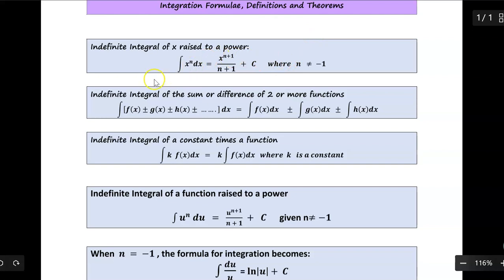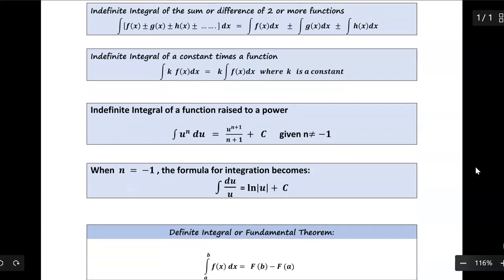When we integrate, this is the very basic rule: when you integrate a sum or difference of two or more functions, you can break this into individual integrals to work with. And if you have a constant multiplied by an integrand, you can bring that constant across the integral sign.